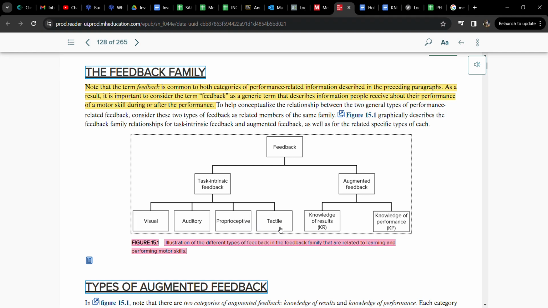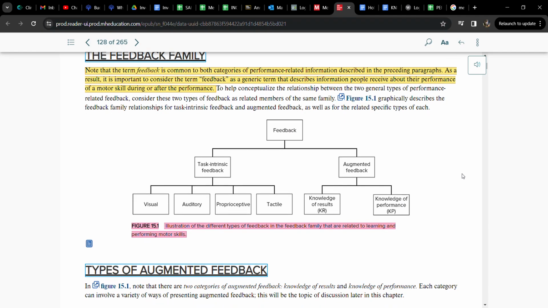So those are those task intrinsic things. When we look at augmented feedback, we're going to be talking about your KR and your KP. So your KR is your knowledge of results, your KP is your knowledge of performance. Now, that should be relatively straightforward to break down. We'll talk about what they are in more detail.